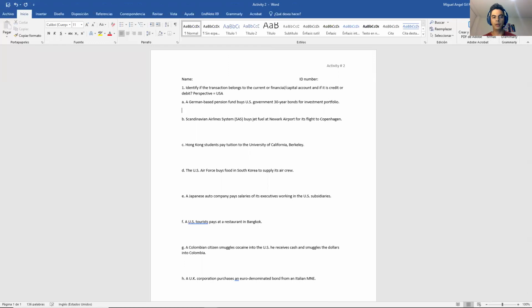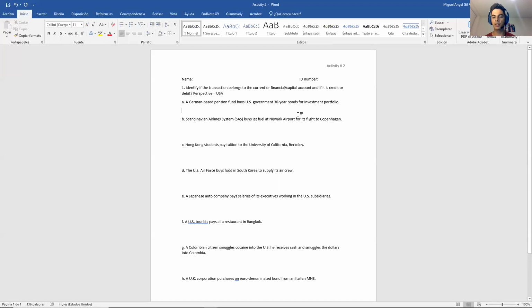And let me solve really quick the first one. A German-based pension fund buys US government 30-year bonds as an investment portfolio. So question number one: is there a transaction of money between countries? Yes, between Germany and the US. So I answered yes, I can continue. Question number two: is the money entering or leaving the US? Germans are paying for these bonds, right?